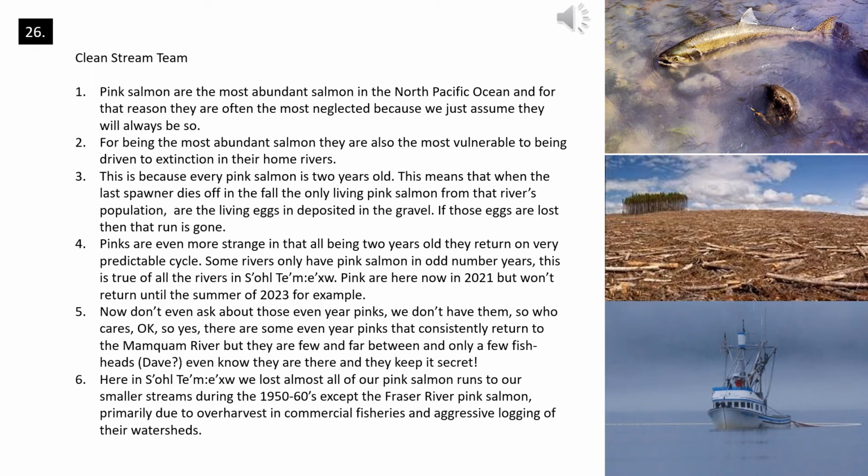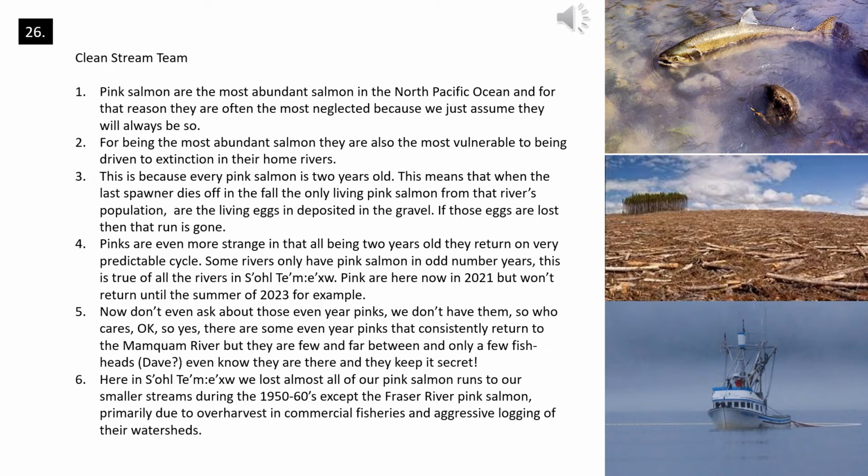Interestingly enough, there are populations of pink salmon that occur in even years: 2020, 2022, 2024. Even and odd pink salmon never mix. They're two almost separate species because of the inflexible 2-year life cycle. Again, very strange. No one really knows why this has occurred.